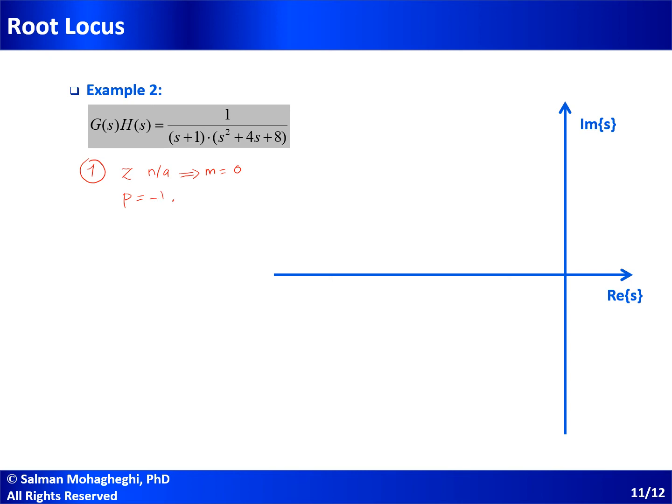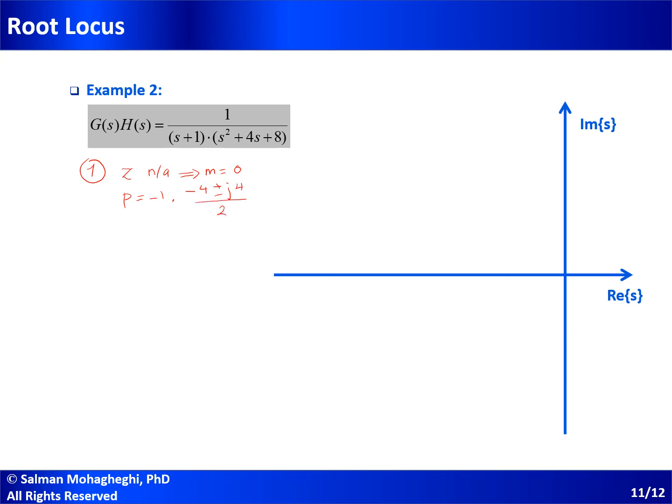And I have a complex conjugate pole here, which is going to be -4 plus minus j times the square root of b squared minus 4ac, which is 16 minus 32, which is -16. And instead of the square root of 16, let me write down 4 divided by 2.